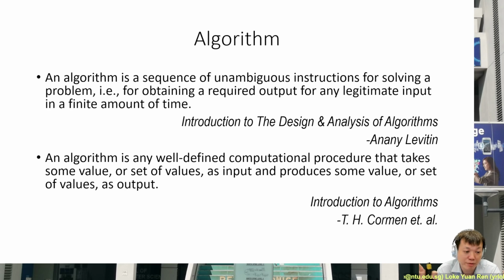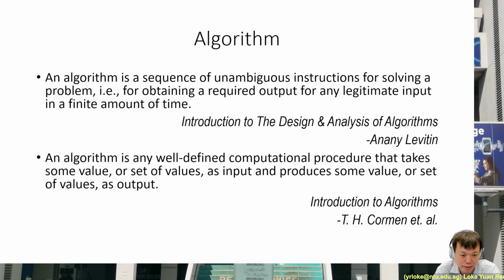So you must be able to solve this problem in a finite amount of time. And you give a certain input, they will give you the output, and every time they will produce the same output.